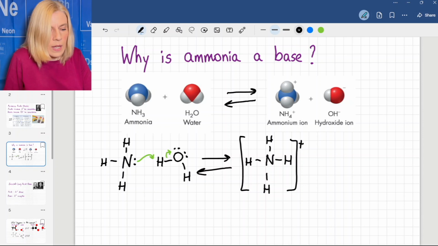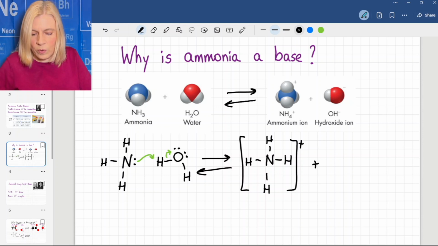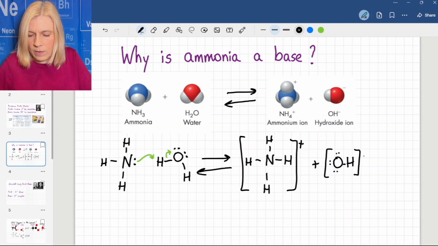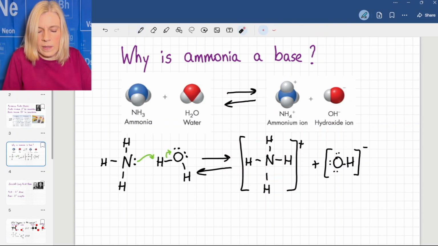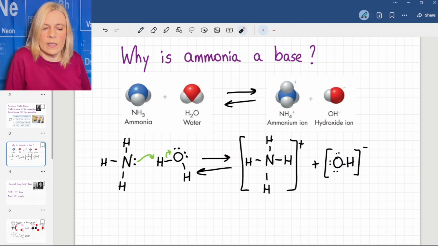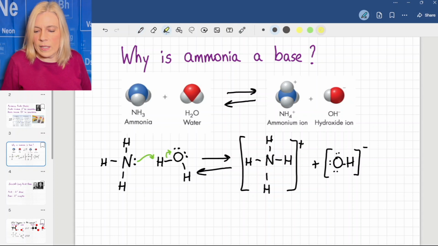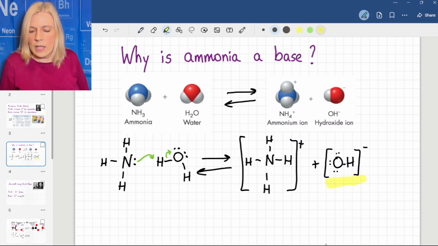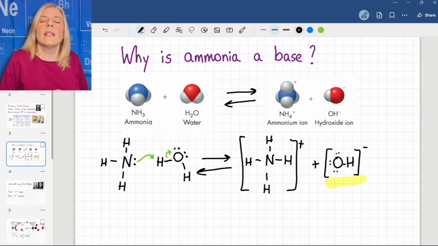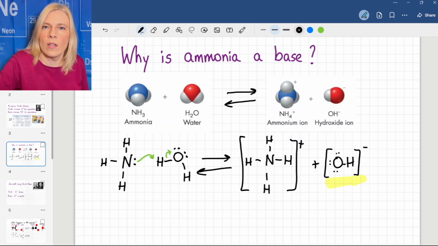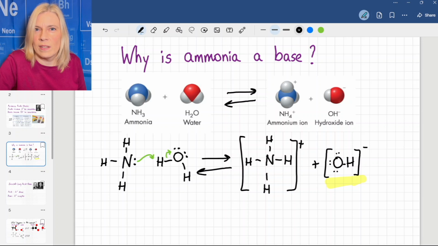And what will be left over? Our hydroxide ion. So what happened? Did ammonia increase the hydroxide ion concentration? Here it is. So ammonia did increase our hydroxide ion concentration.